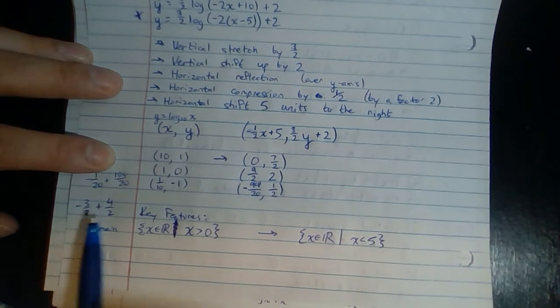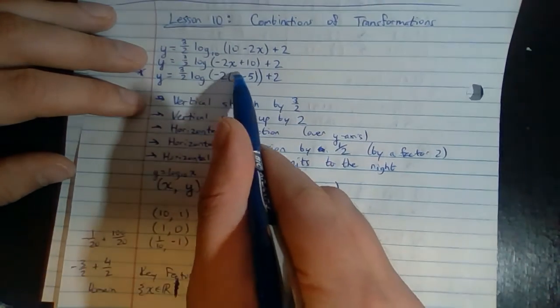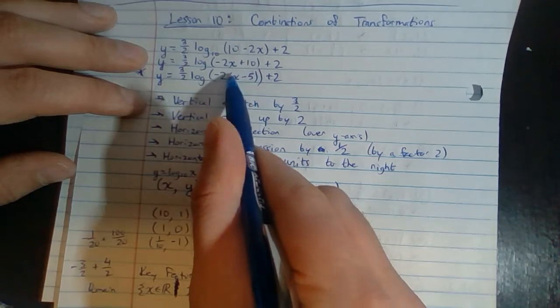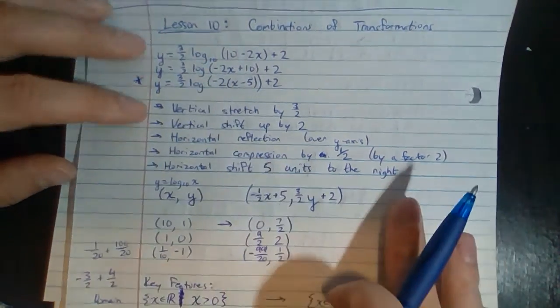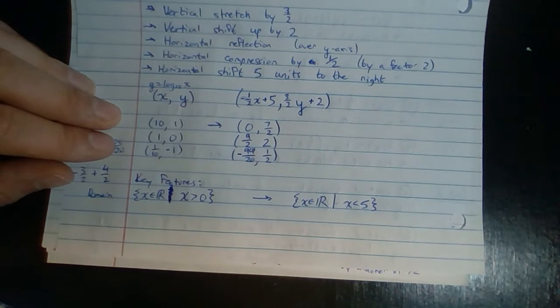Anything greater than 5 is going to give us a positive in this set of brackets times a negative 2. It's going to give us a negative argument of that log. And remember, that's what we cannot have.